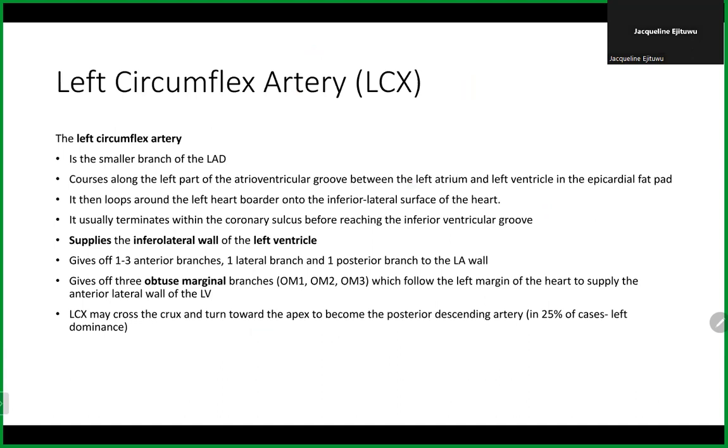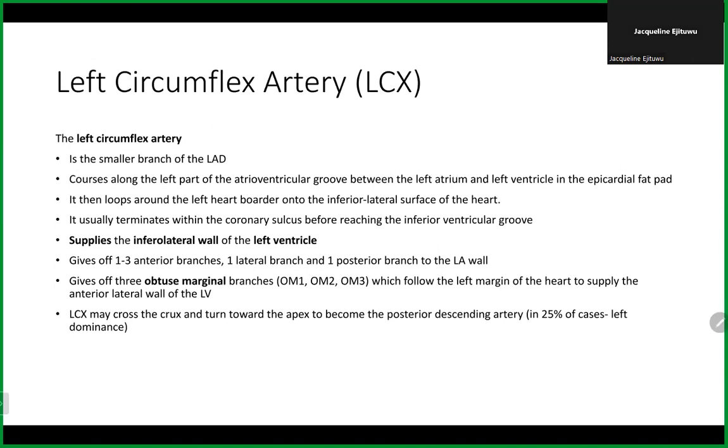So the left circumflex artery is the smaller branch of the left main coronary artery. It courses along the left part of the atrioventricular groove, along the left atrium and left ventricle within the epicardial fat.